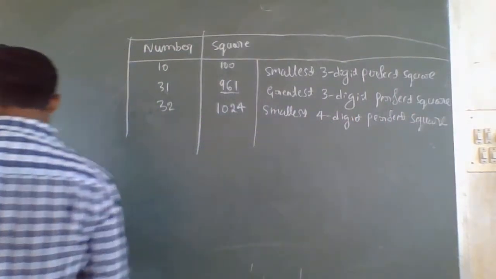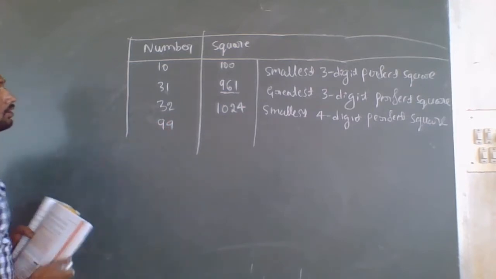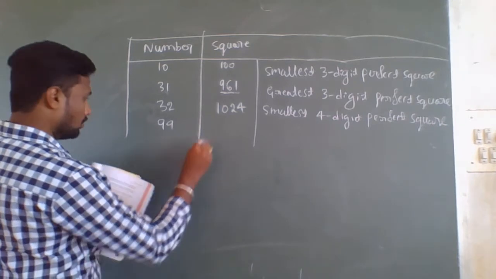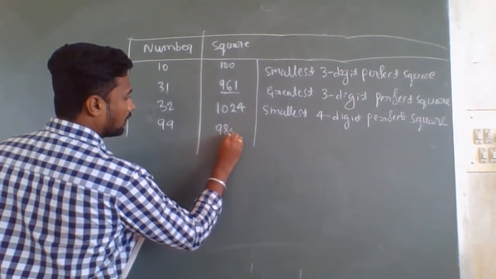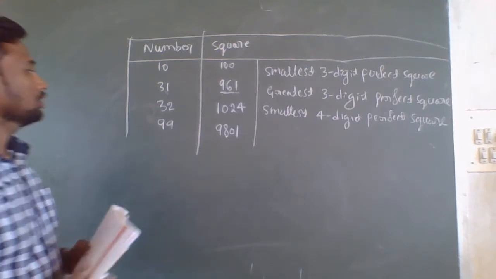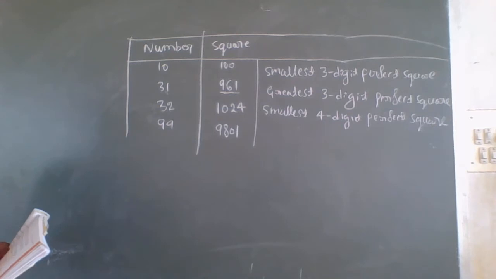Okay, next one. They have given here 99. 99 square value is 9801.